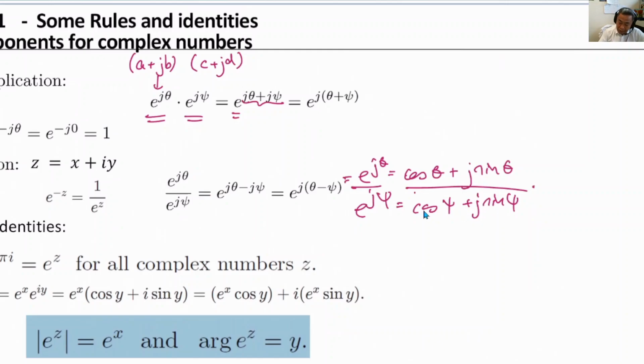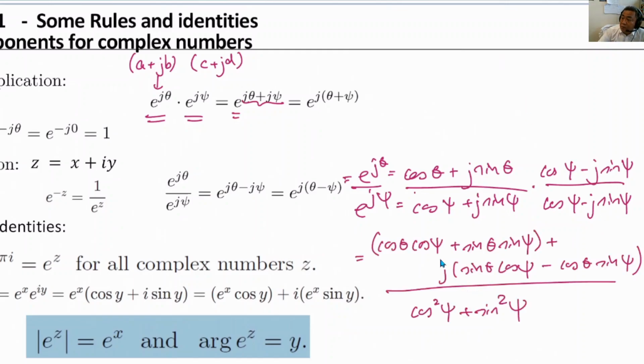So what we do is that we are going to multiply top and bottom by the conjugate of this e^(jψ), which is cosine ψ minus j sine ψ. When we multiply this number by its complex conjugate, we'll get a real number at the bottom, as you will see soon. Let's continue. In the numerator, we open up this cosine θ plus j sine θ multiplying by this term cosine ψ minus j sine ψ.